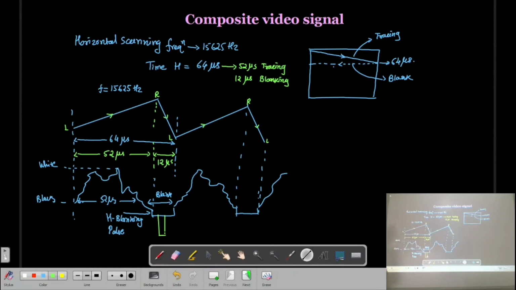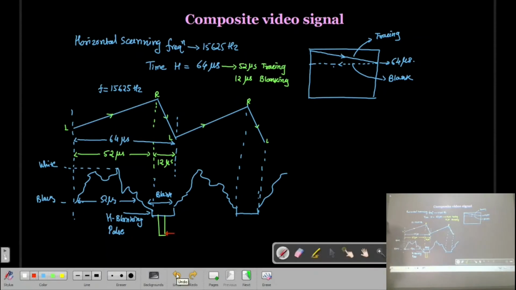So whatever the sync pulse is added here, it is known as the horizontal sync pulse. And what is the duration of the sync pulse?